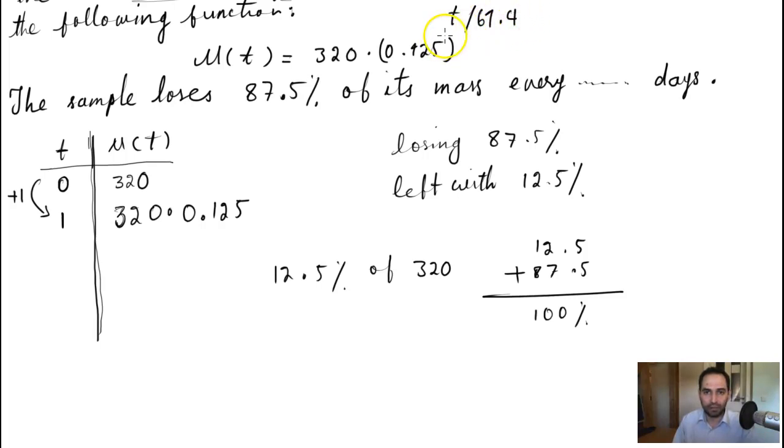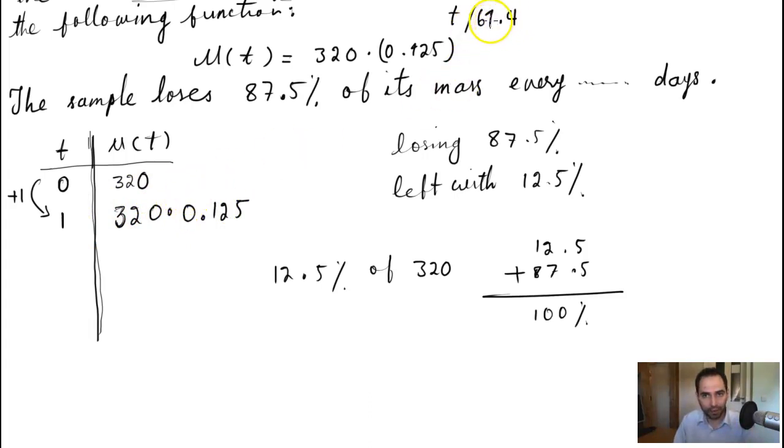So this whole fraction has to become 1, so that you have, for example, 320 times 0.125 raised to the first power. That means you have one complete factor of 0.125 multiplied by 320, and so you are left with 12.5% of 320. How can that happen?